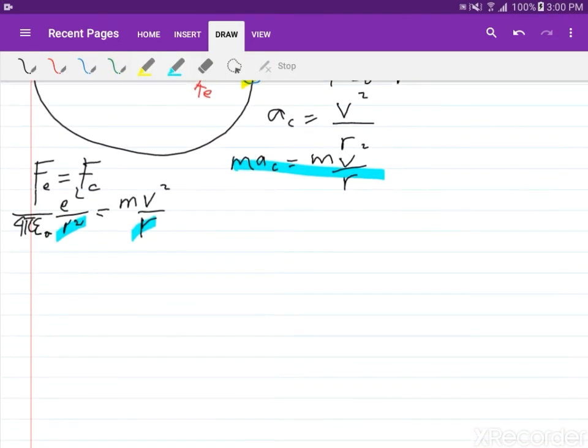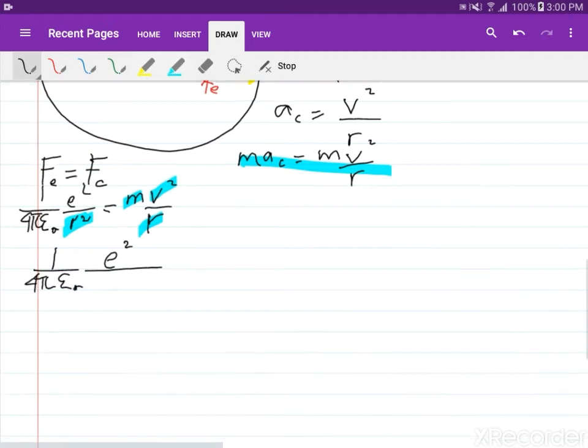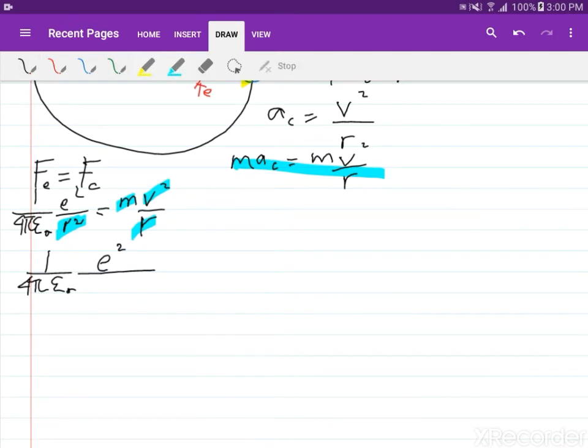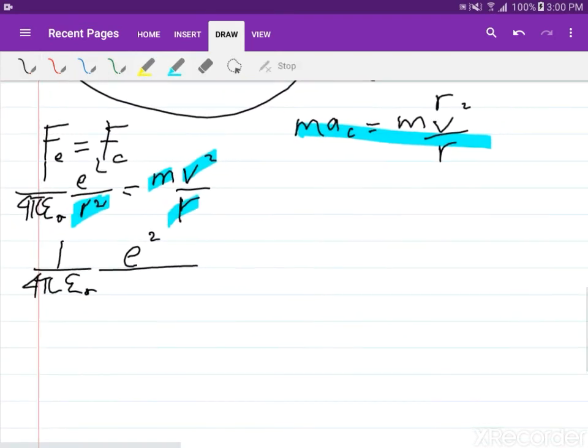Let's see, we have r squared here, we have m, we have v squared. Let me move mv squared to the left-hand side. We get 1 over 4 pi epsilon naught e squared over r squared times, on the other side, 1 over r.